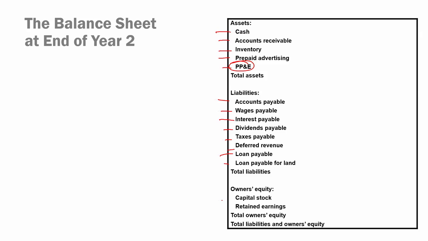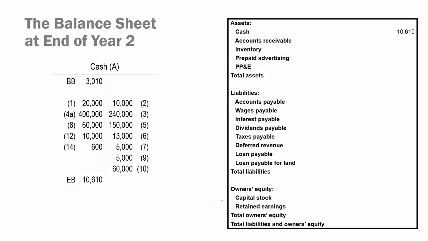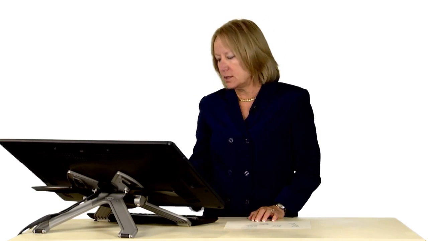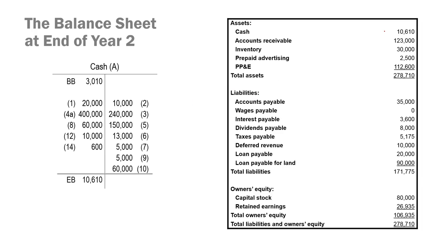And recall how we got the balances that went on the balance sheet. When we did this previously, we took the T account for that balance sheet account. We took the ending balance and we put it right on the balance sheet. We've done a lot of work. We've made our life pretty easy at this point. So we do that for each one of our accounts, at which point in time we have a completed balance sheet.